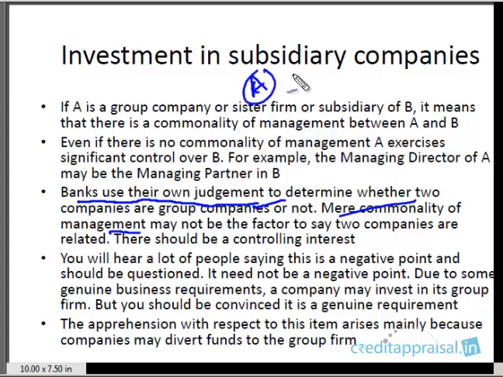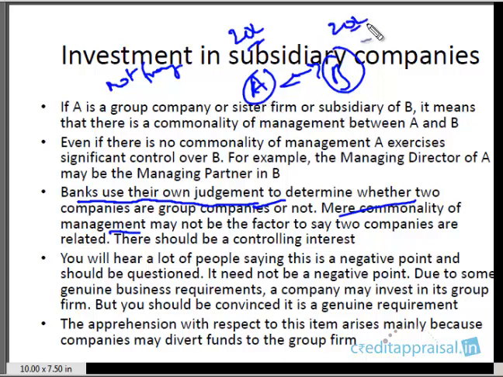Sometimes, even though you know that there are two group companies, banks say they are not group concerns. Why? Say, for example, we are extending limits of 20 lakhs to this firm. Now the proprietor of this firm comes and applies for another 20 lakhs for another company. But the branch manager maybe has a sanctioning power of only 25 lakhs for the group as a whole.